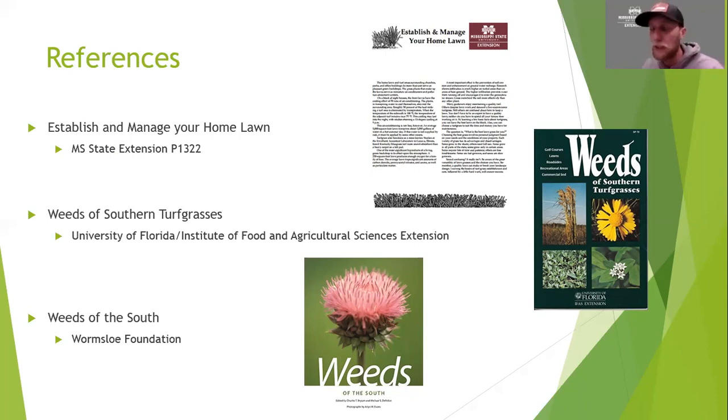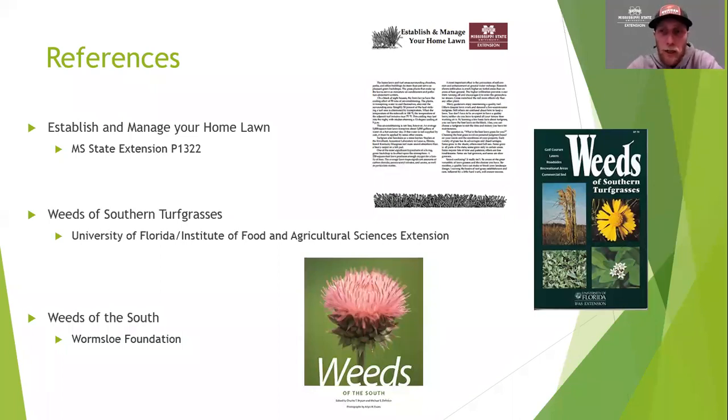It tells you what each grass needs, but obviously for $8, a soil test is going to be your best bet. It'll tell you what's already in your soil and what to make up the difference with, what type of fertilizer, to be even more accurate. But it tells you height of cut and all kinds of the science behind everything, this publication. So it is a great tool to have in your arsenal.